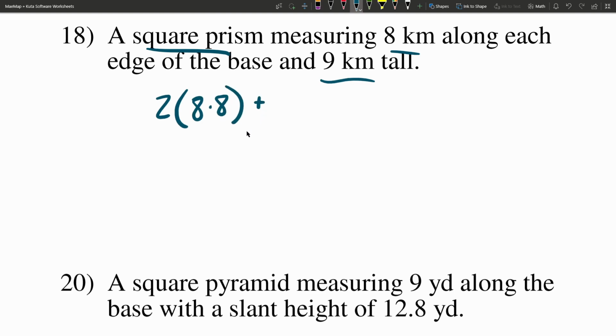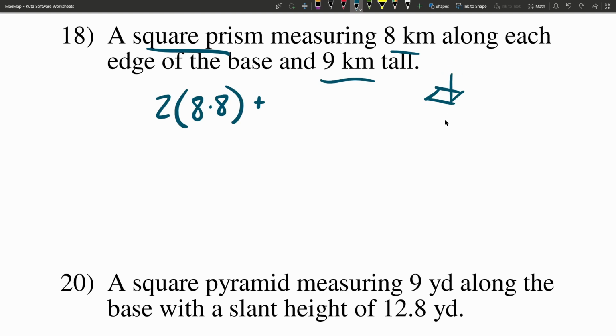But what do the other sides have? Well, all of the other sides, if that base again is 8 by 8 and the height is 9, those other 1, 2, 3, 4 sides that make up the sides of our figure, if we were to set it on its base, are all 8 by 9.